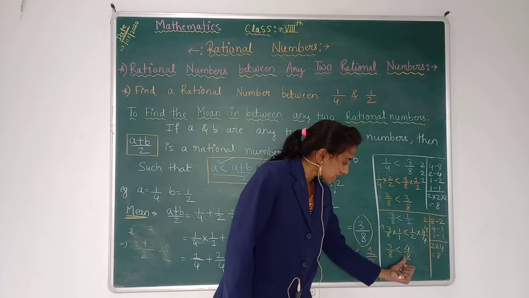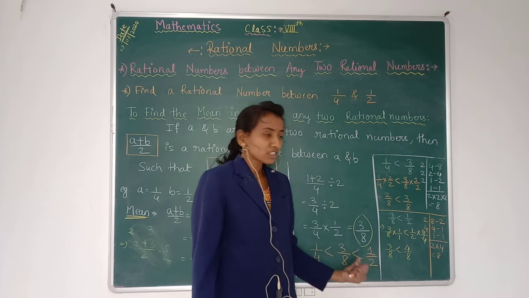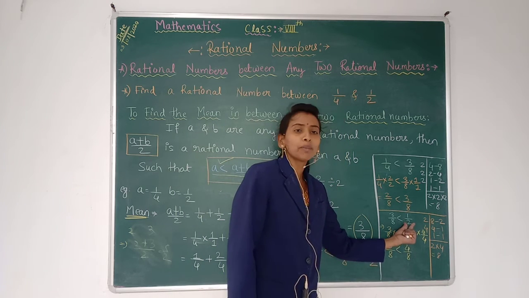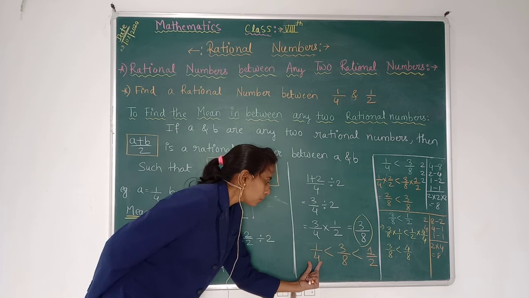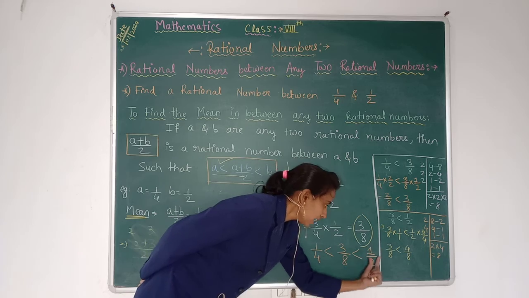See, denominators are the same, compare numerators, 3 and 4, so 4 is greater. In place of 4 by 8 we have 1 by 2. See, 1 by 4 is less than 3 by 8, and 3 by 8 is less than 1 by 2.